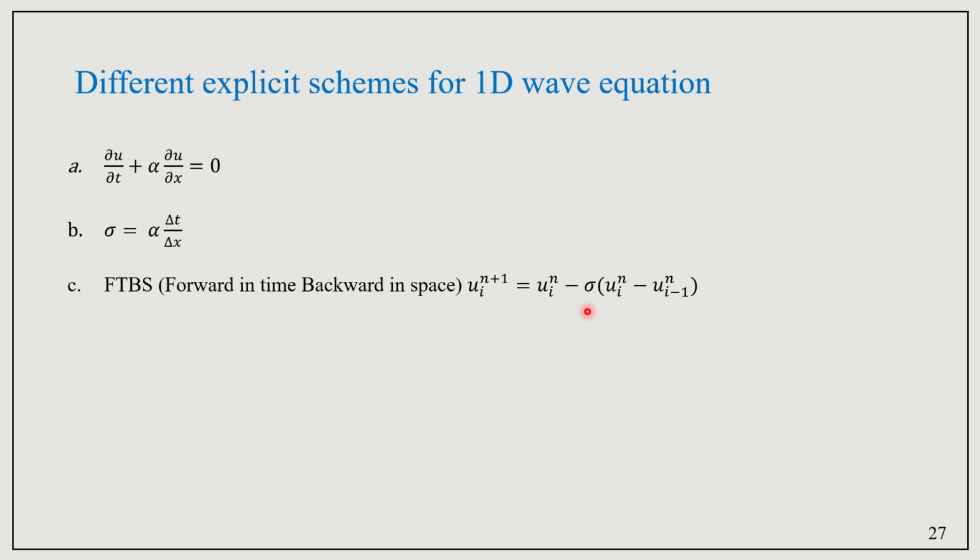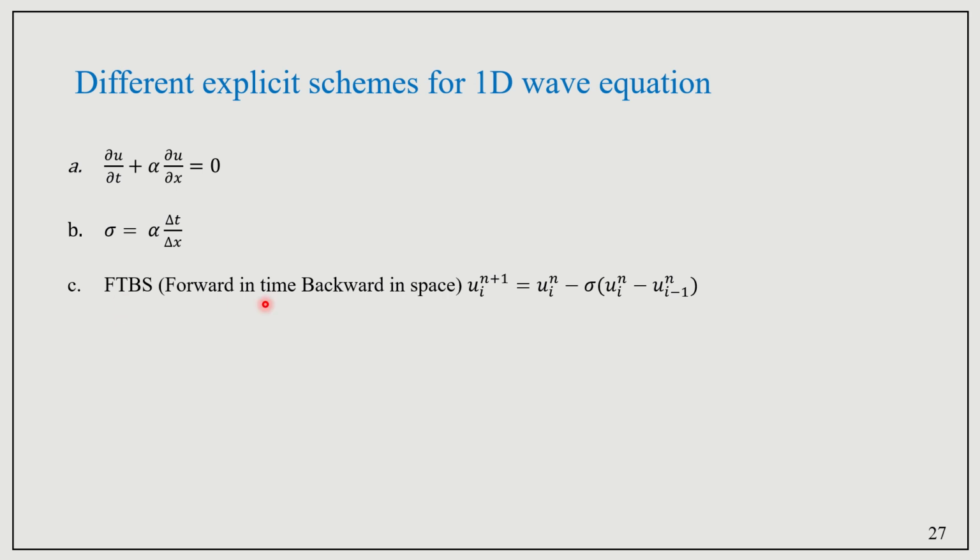How are we obtaining these equations? These equations we are obtaining from the last discretized equation, like in the last slide we have discretized the equations. We are just rearranging those terms and using sigma as a into delta t by delta x. By substituting this and rearranging the terms, we are getting the value of u at ith position at n plus 1th time step as this.